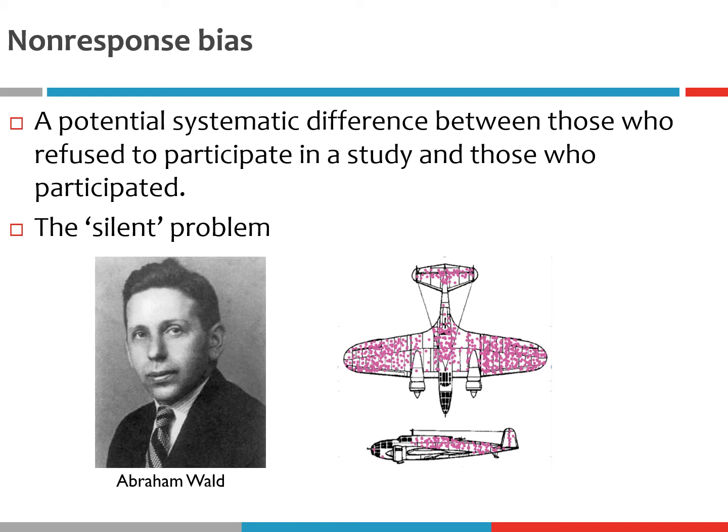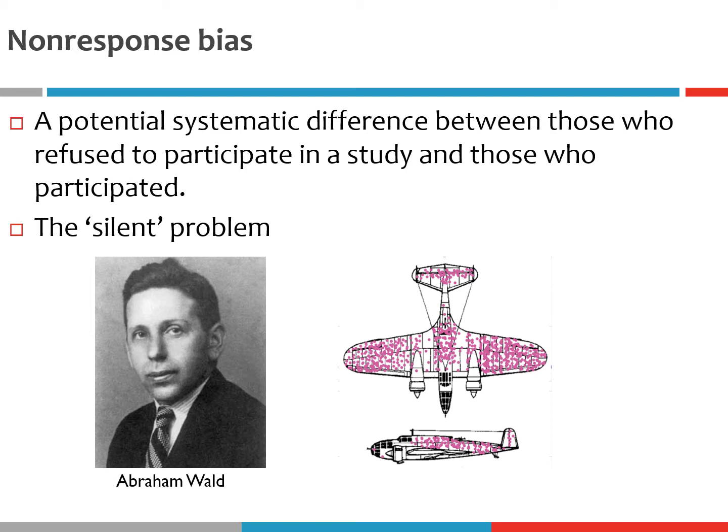So thinking like a scientist, he recommended reinforcing the areas of the planes that appeared to have little damage, right? Why? He reasoned that his samples, non-responders, right, or those aircraft that didn't survive, failed to survive because they were hit in vulnerable areas.